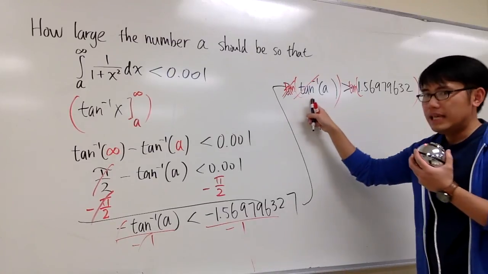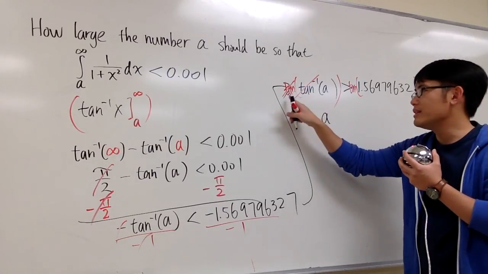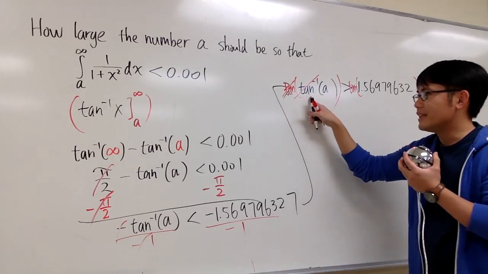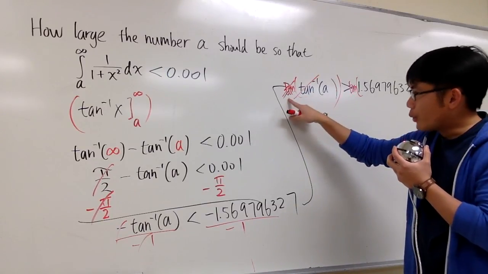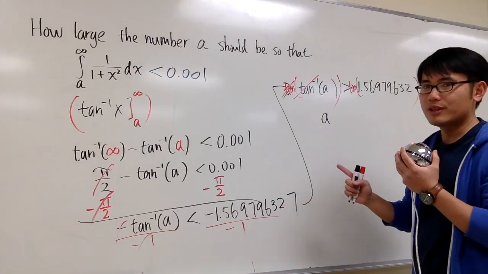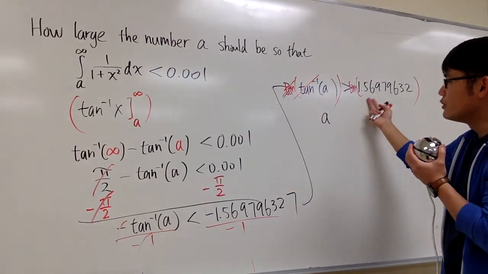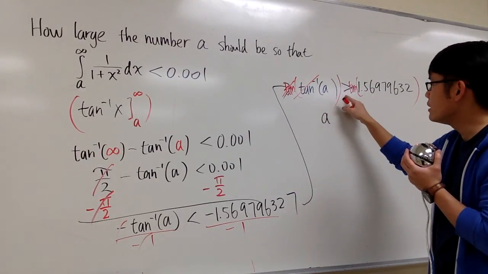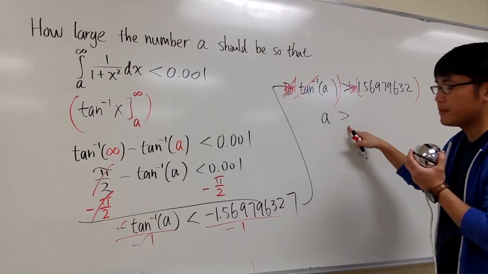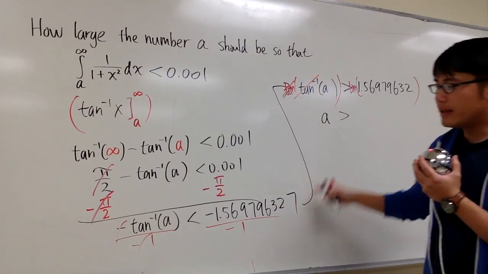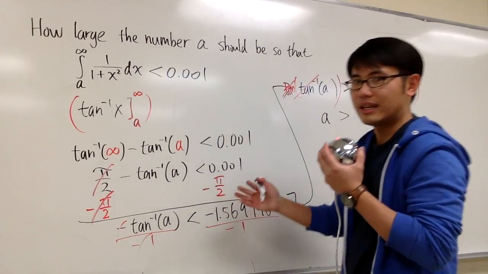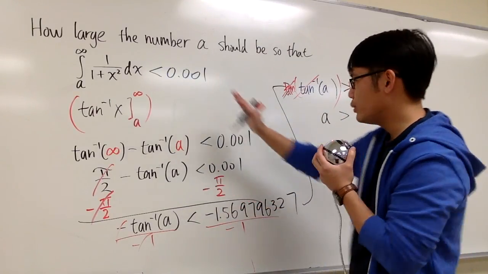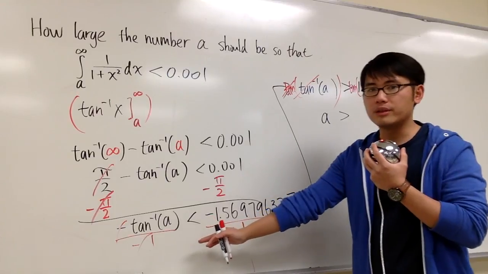The inverse tangent is an increasing function, but the deal is the original tangent, it's an increasing function. So when you apply the original tangent on both sides of an inequality, the inequality stays the same. But when you divide by a negative number, it's actually a decreasing function, like y is equal to negative x. That's why you flip the inequality.